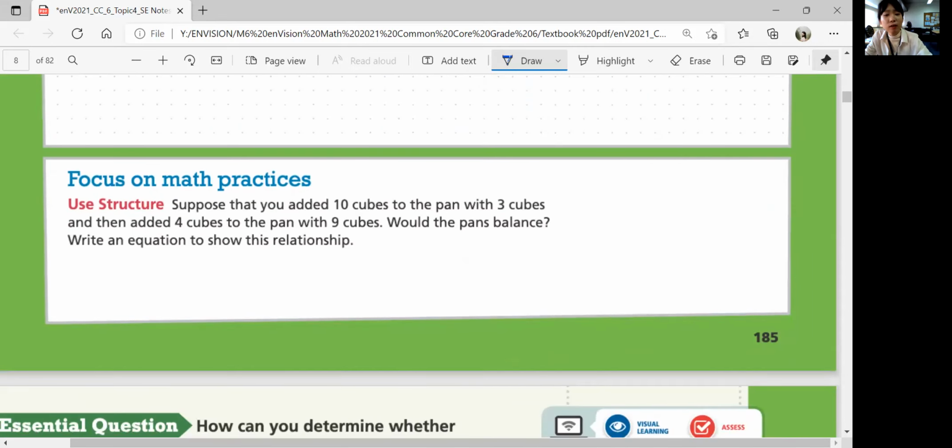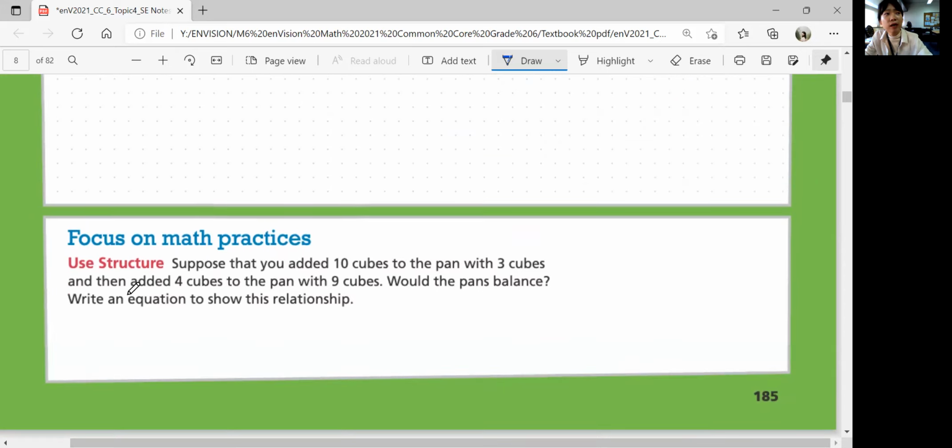Let's look at focus on math practices. Suppose that you added 10 cubes to the pan with 3 cubes and then added 4 cubes to the pan with 9 cubes. Will the pans balance? Okay, you added 10 to 3 cubes, 3 plus 10, and then added 4 cubes to the pan with 9 cubes.